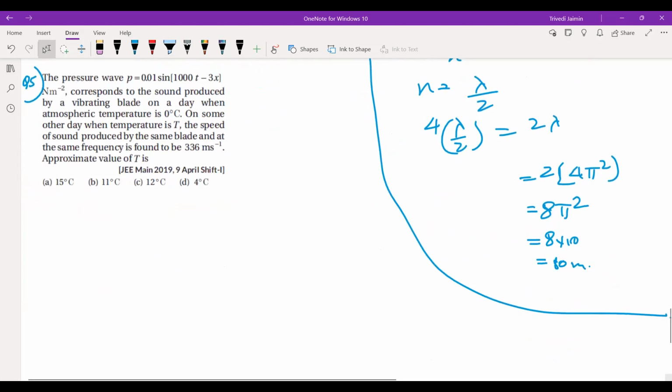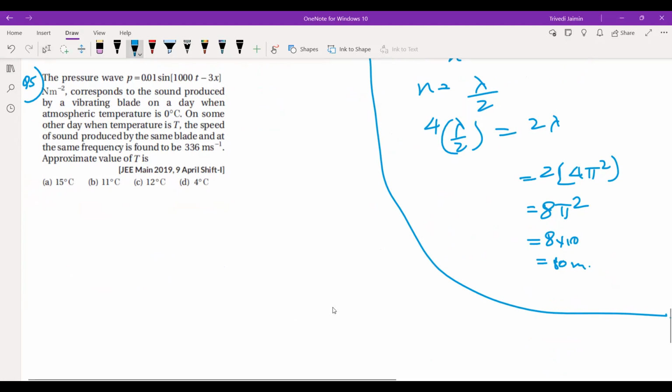Try this fifth question. The next temperature equation here. See what that's saying?